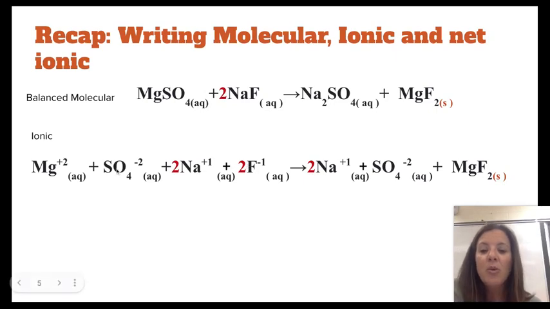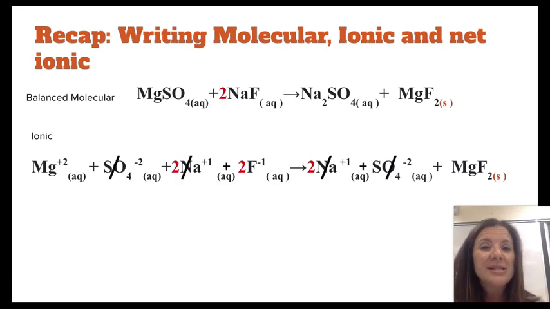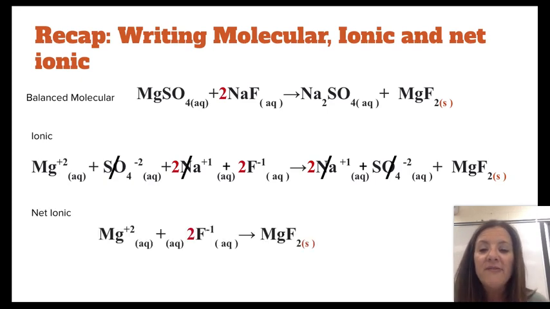Now what we're going to notice is there are common ions to both sides of the equation. The sulfate ion is common to the left and to the right, and we also have another common ion, the sodium ion. Whatever is common to both sides of the equation, we actually cross those off. Those are called spectator ions. When we cross those off, we're left with just the ions that are needed in order to make the precipitate.